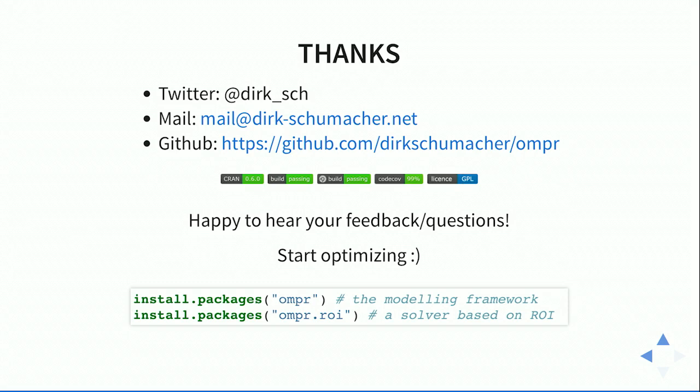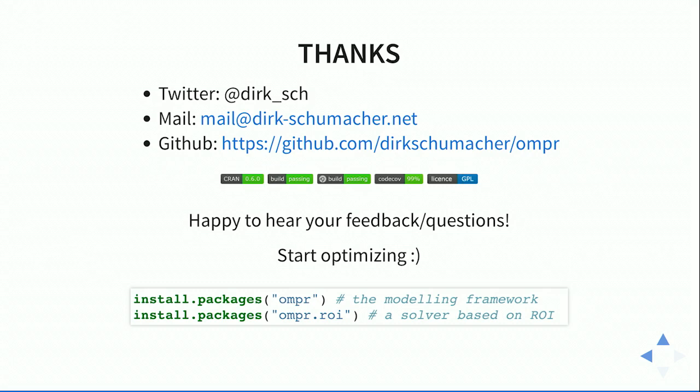Okay, so the first question about the parameters to the solvers. ompr in itself is just a package to model stuff, and there's another package called ompr.roi. That's essentially just a function mapping the model to a solution. And ompr, for example, passes all exposed parameters to the specific solver.